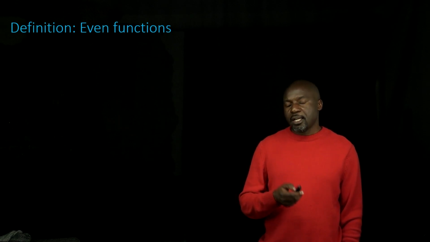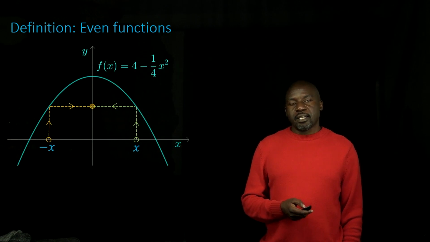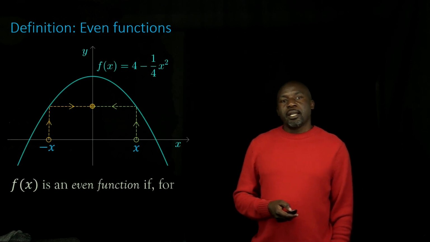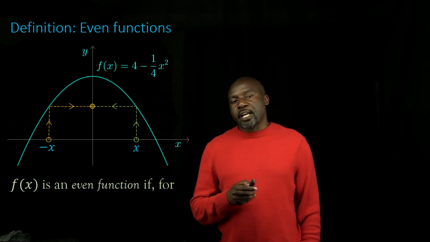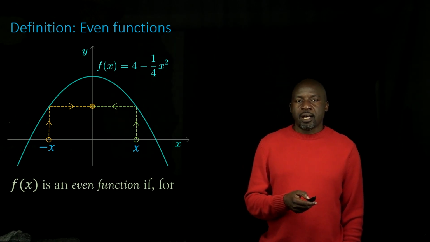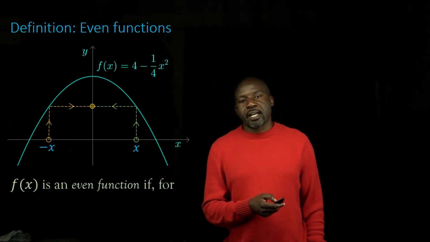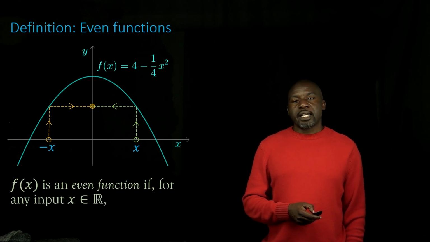So let's write that in a mathematical form. We say that a function f of x is even if for any input x and its inverse value negative x, f of x is always equal to f of negative x.